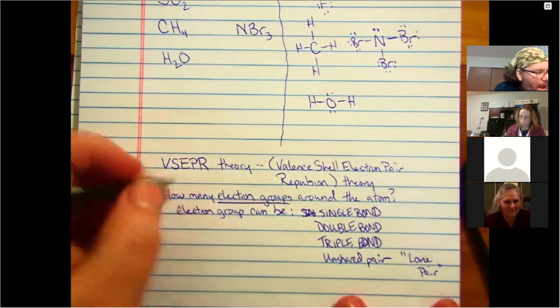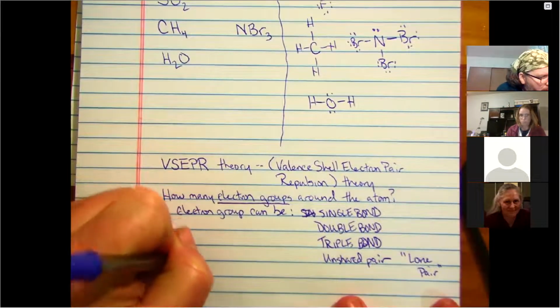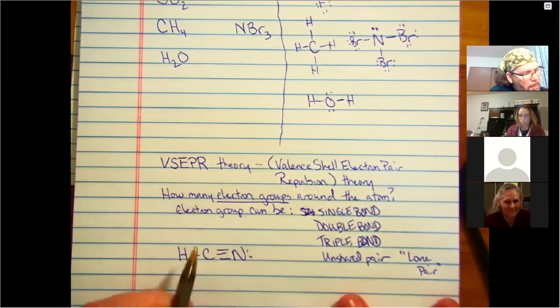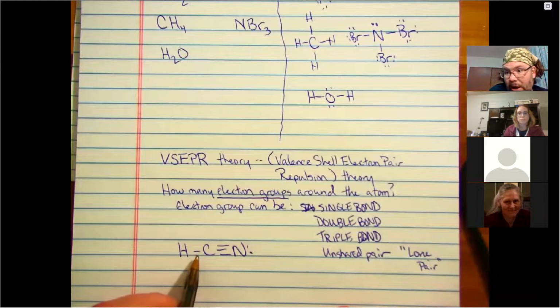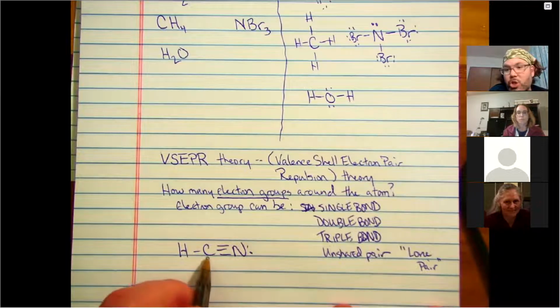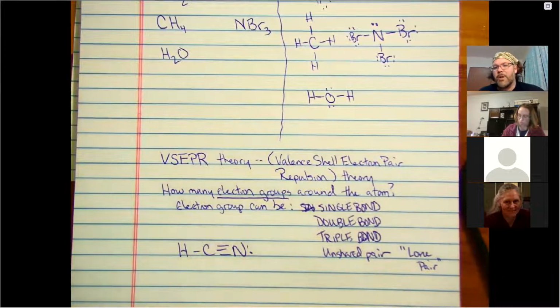The reason HCN is so easy as our first example is because when we look at HCN, remember, a single bond counts as one electron group. A triple bond counts as one electron group. So there are only 2 electron groups around that carbon in HCN. And how hard is it for us to figure out where those 2 electron groups are going to be if they want to be as far apart from one another as possible?